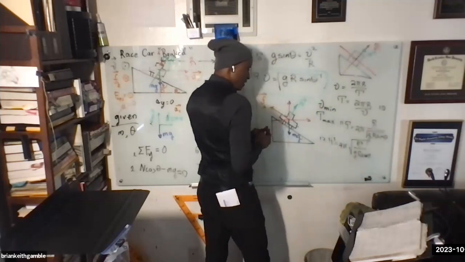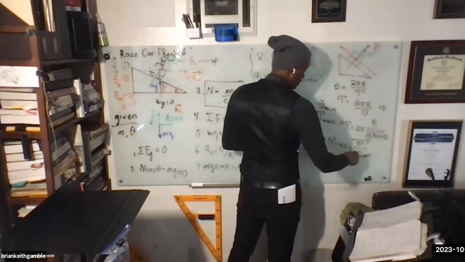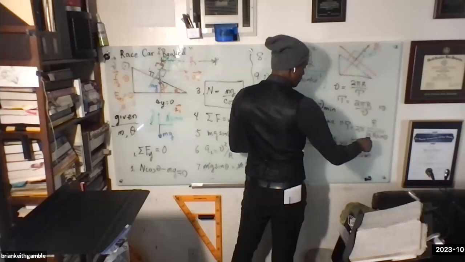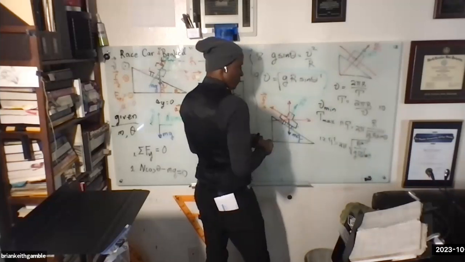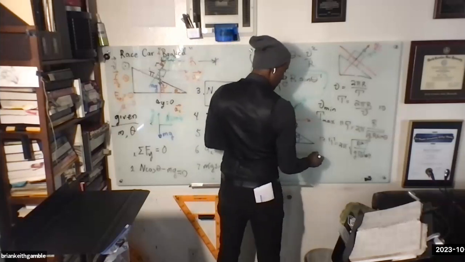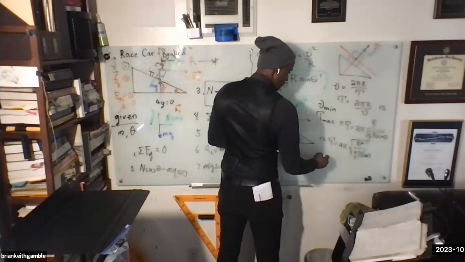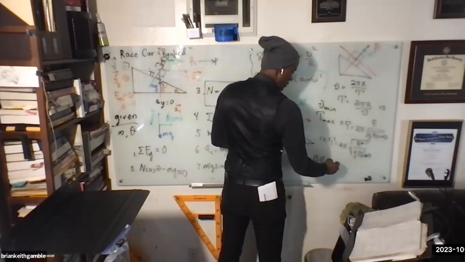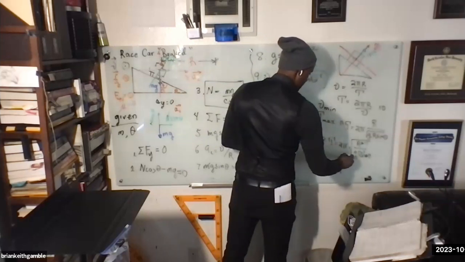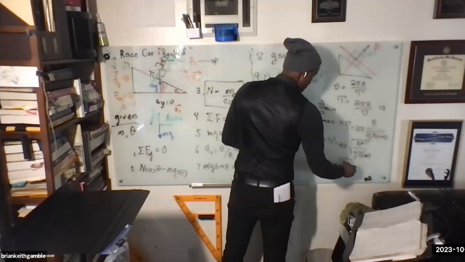Then r goes into r squared once, and I'm left with 1. So the period for no friction is 2 pi times the square root of r over g times the sine of theta.